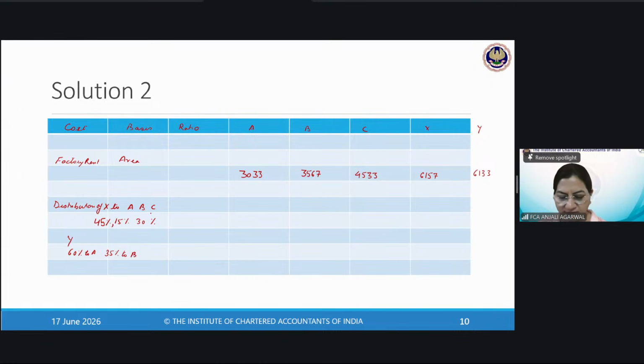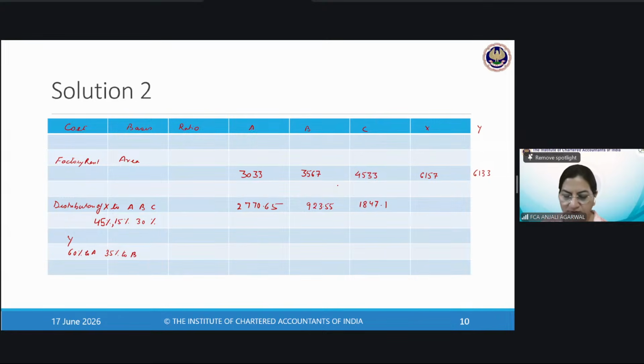So 6157 into 0.45, that's 2770.65. I use a trick here generally in the exams. Instead of calculating the 15%, I can see this is 1/3. So I divide the figure by 3. And now 15 and 30 is double. Now I'll multiply it by 2. 1847.1.